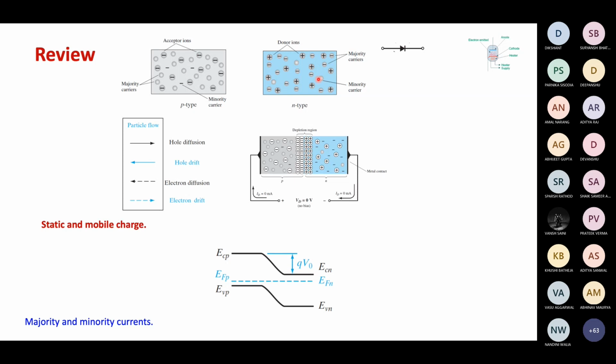It also means that the number of holes will be very less. So if the majority carriers are more in a doped semiconductor, the minority carriers will be less. They are inversely related to each other. The concentration of majority and minority carriers is inversely related to each other. That's what I'm saying.